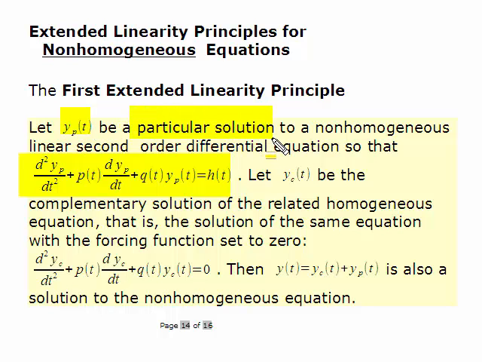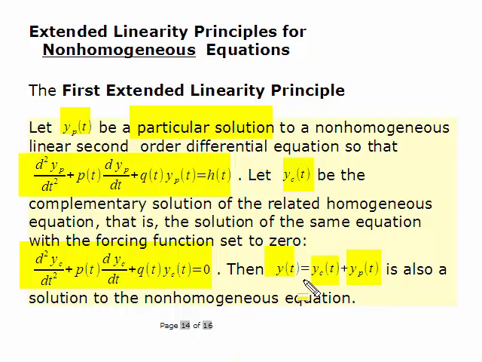The particular solution is a solution of the differential equation with a forcing function h of t as it's written. Then we can find a complementary solution. That's a solution of the same differential equation with h of t set equal to 0. The first extended linearity principle states that the sum of the complementary solution, actually any linear combination of the complementary solution, and the particular solution is also a solution of the differential equation.